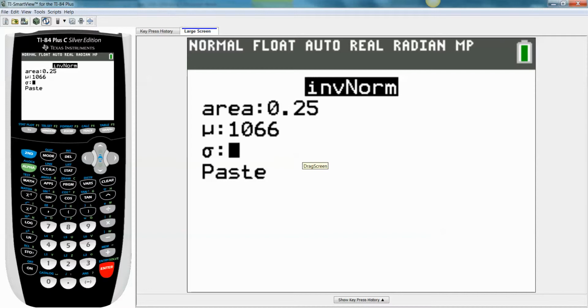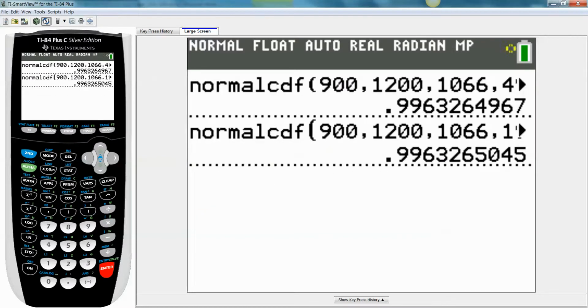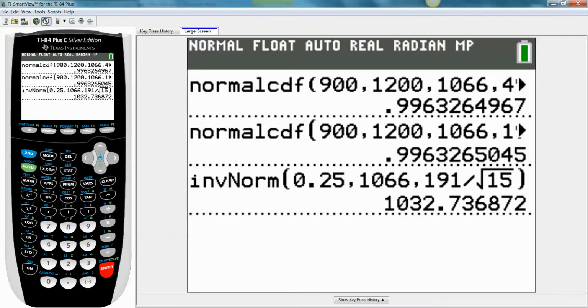The mean is 1066, no different. And the sigma, again, you either can type 49.316 or you could do 191 divided by the square root, so second square root of 15. Close your parentheses. And that will work as well. So either one, either use the decimals or just type it out and it will figure it out for you. Then I'll press enter. And there it is, 1032.7.